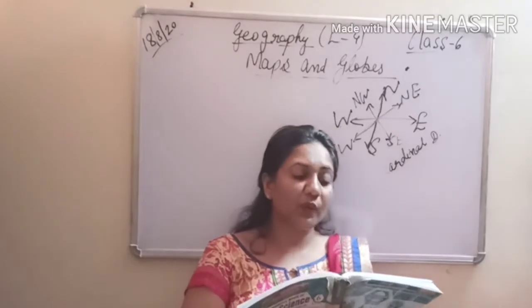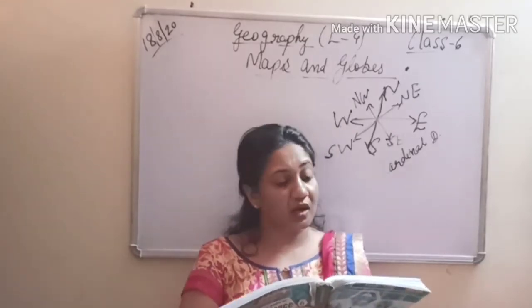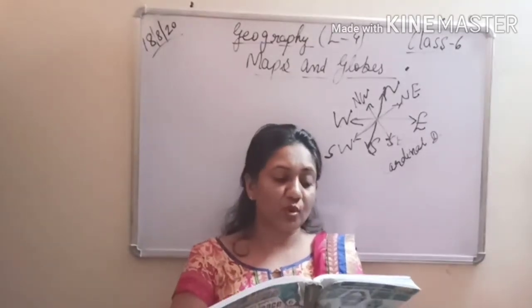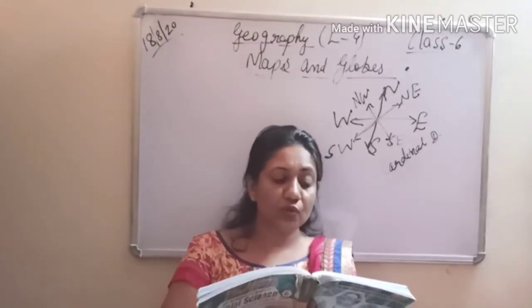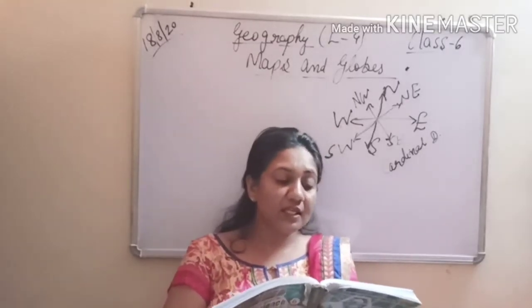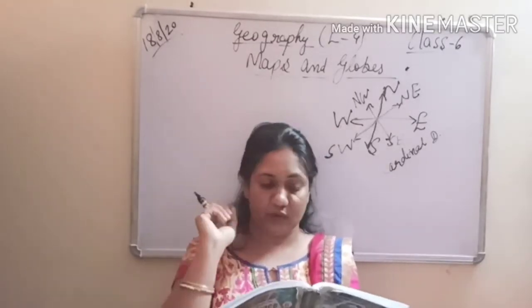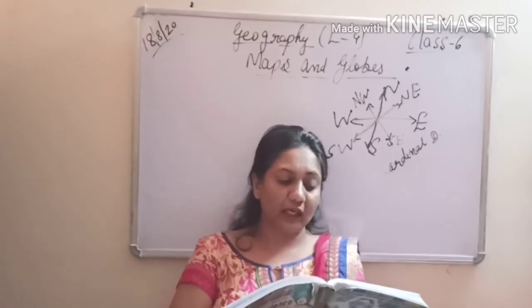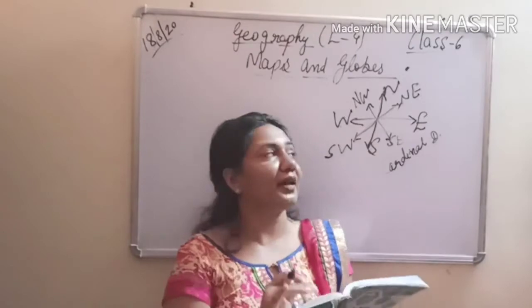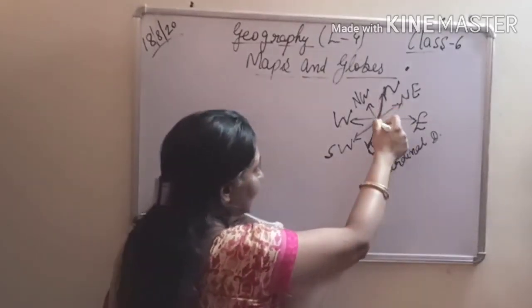So during cloudy conditions, one could not use the sun or the pole star to find directions. Then the magnetic compass: mariners and sailors used a device called a magnetic compass to find directions. Please underline this very, very important point: the needle of the magnetic compass always points towards the north-south direction.